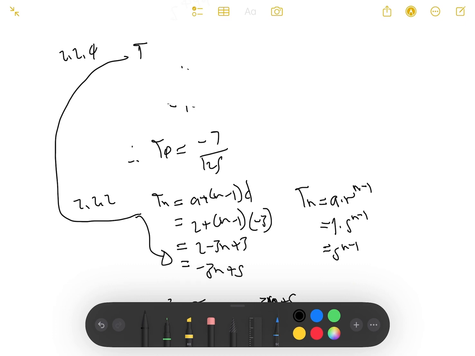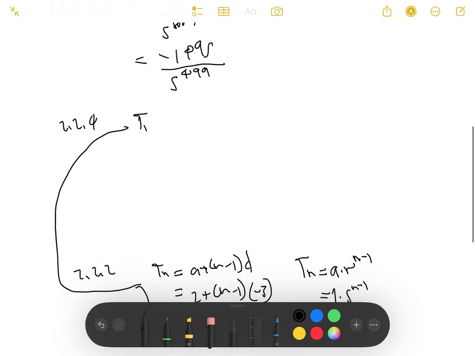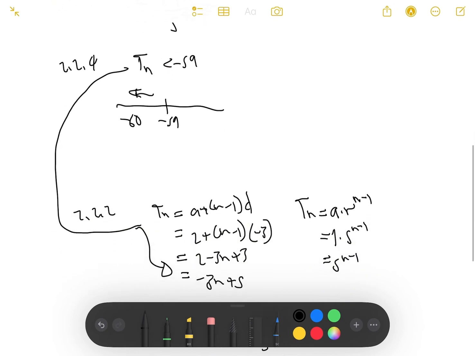For what values will it be less than negative 59? So we can just say Tn is less than negative 59. On a number line, guys, negative 59 is here, and any number to the left, it might be negative 60, is less than negative 59, right?